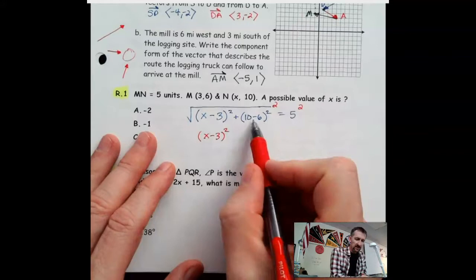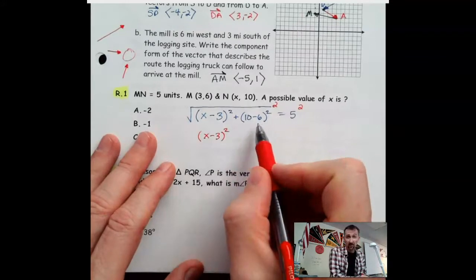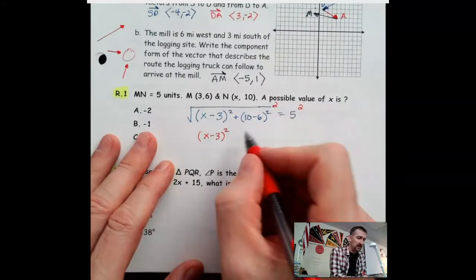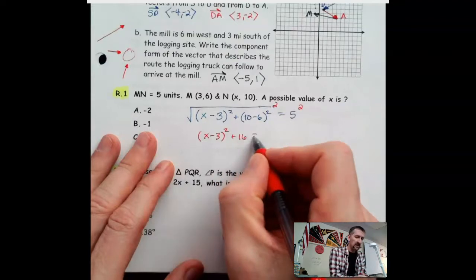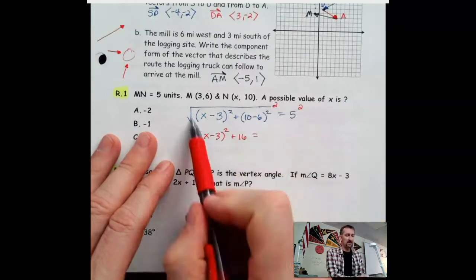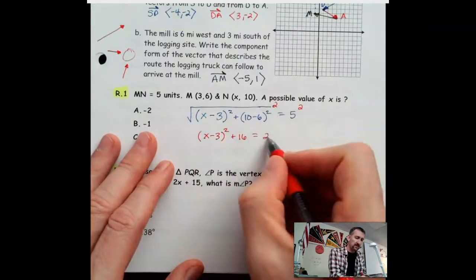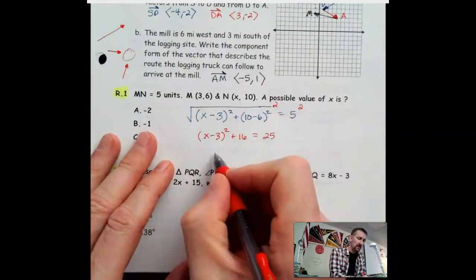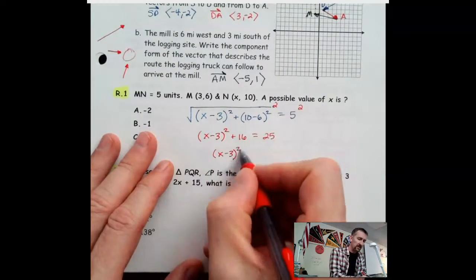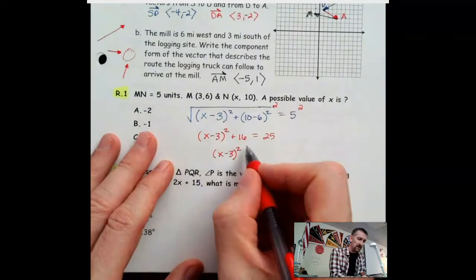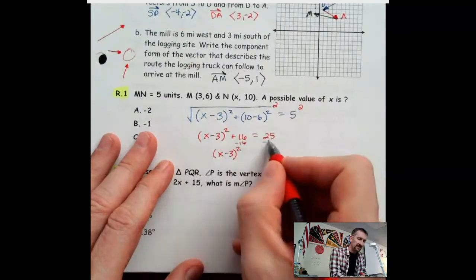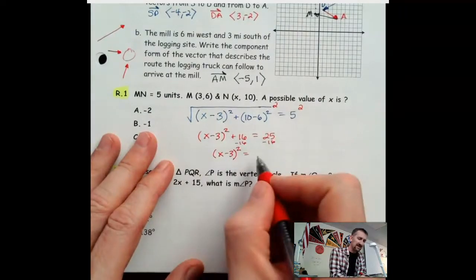Let's go ahead and do this though. 10 minus 6 is 4. 4 squared is 16, so that's going to be plus 16. Now we square that side, that's going to get rid of that square root, and this side's going to be 25. Okay, I know some of you just want to multiply that out, but don't do that. Now we're going to subtract 16 from both sides. So that's going to be 9.